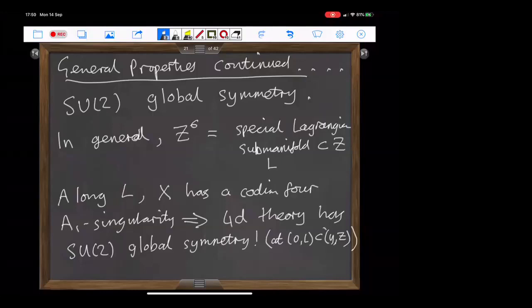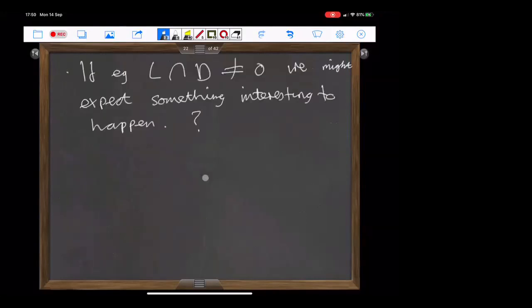So in that case, you would have two SU2 symmetries. Now, that SU2 symmetry is localized along a special Lagrangian submanifold L in Z, which is the fixed point set of sigma in Z. And so if the intersection between L and this divisor is non-empty, then we might also expect something interesting to happen there in general.